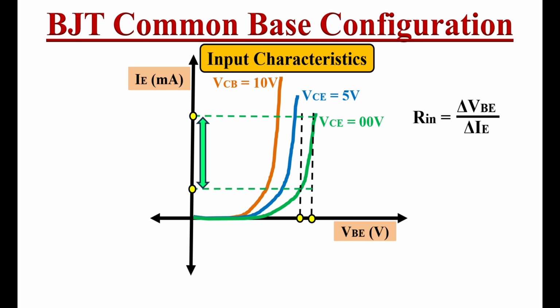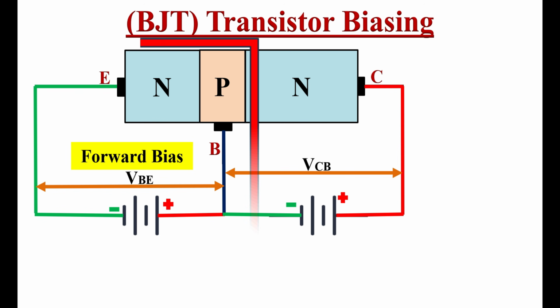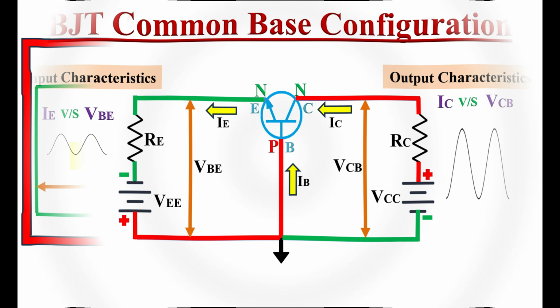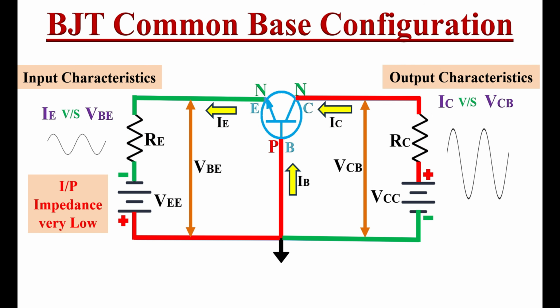From these input characteristics, we can say that in this configuration the input impedance is very low. This is expected because the input is forward biased, and in the forward biased condition the resistance of this PN junction is very low. So the input impedance of the common base configuration is very low, typically in ohms.